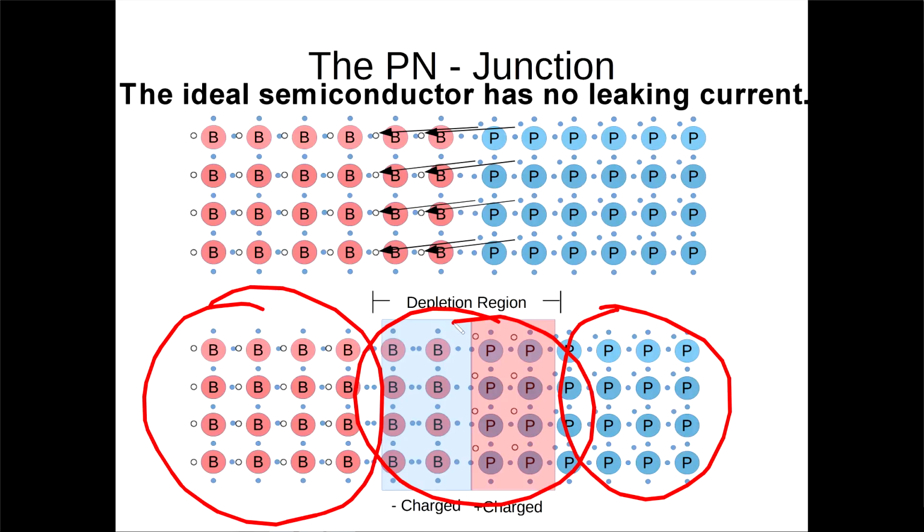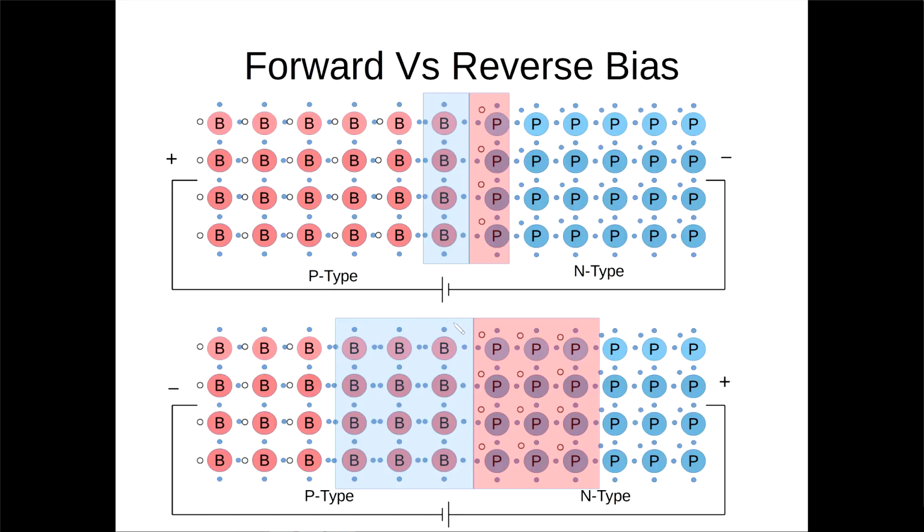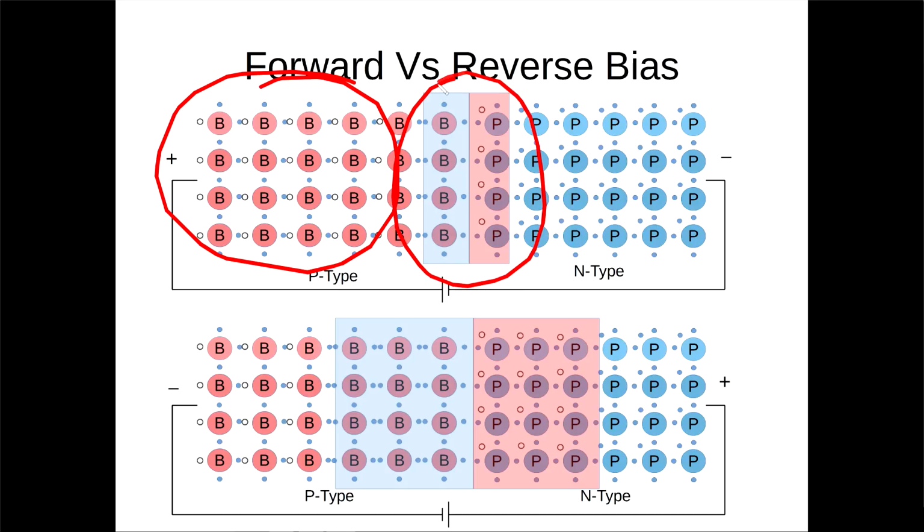But we'll look at how we can apply a voltage or potential difference to negate or shrink that depletion region down to a point where it will allow a current to flow through it. So let's look at that. Again, we can treat these as lower resistance conductors, and this depletion region as a very high, almost infinite resistance insulator. So it's kind of like two conductors with an insulator in the middle, right?